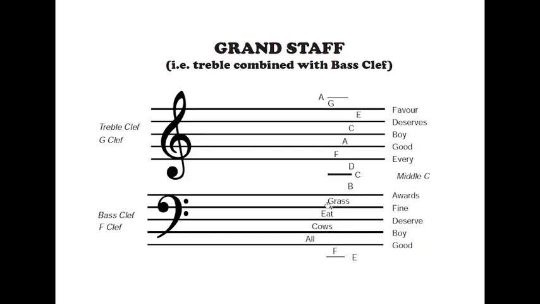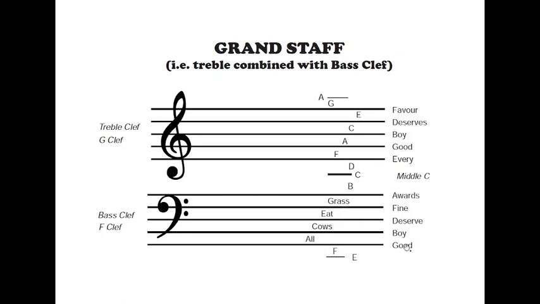Between the bass clef and the treble clef, there is what we call middle C. So now we want to name all the lines from down, from up. If we start from here, good boys deserve fine awards, all cows eat grass.